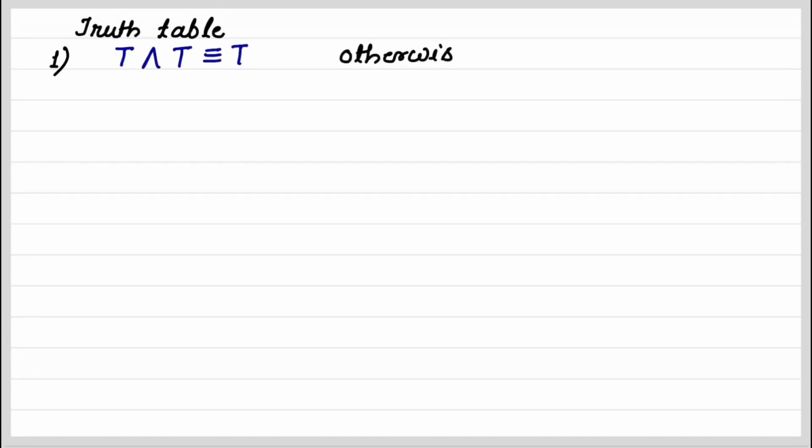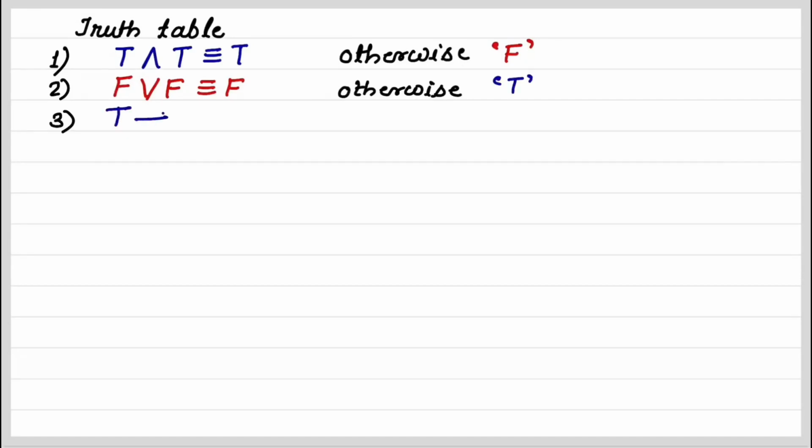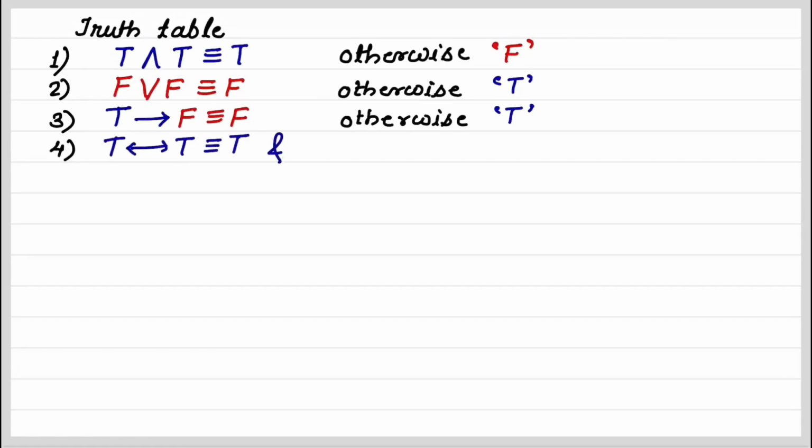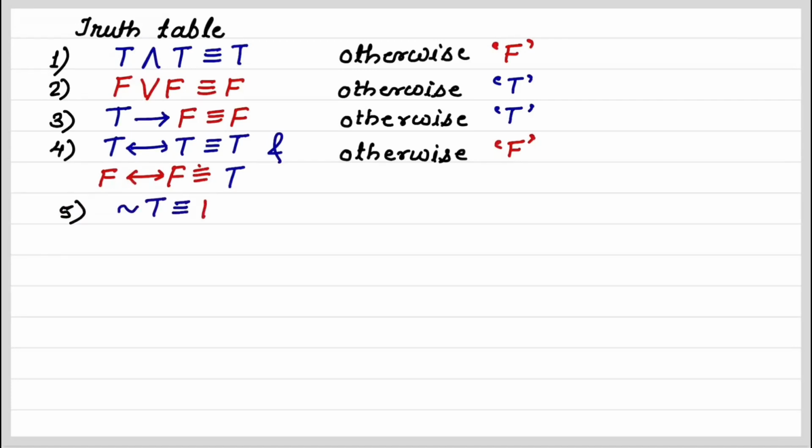First rule: T and T is equivalent to T, otherwise F. Second rule: F or F is equivalent to F, otherwise T. Third one: T implies F is equivalent to F, otherwise T. Fourth rule: T double implies T is equivalent to T and F double implies F is equivalent to T, otherwise F. Fifth rule: negation of T is equivalent to F and negation of F is equivalent to T. These are the basic rules.